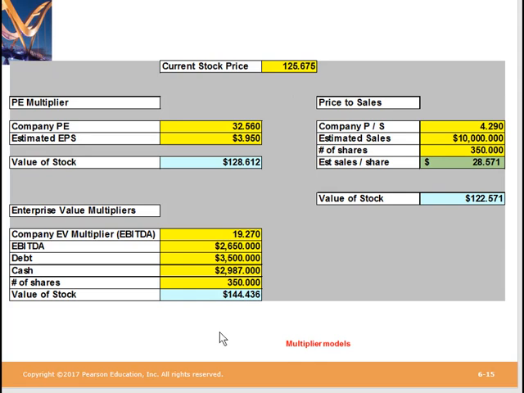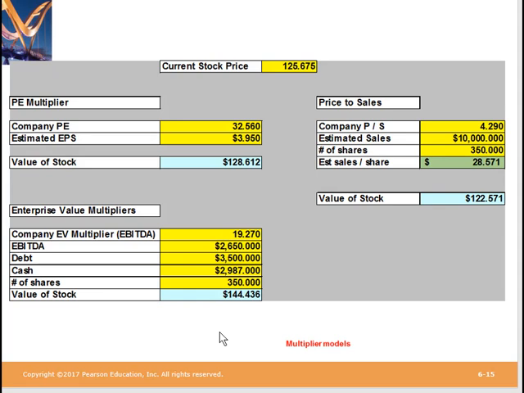Again, the valuation models all have the same purpose, estimating value. They all look at different aspects of the business, so they all will have different numbers. As an accumulation, when we use all of these models, we can get a feeling for the range of where we think the stock price should be. Now, I will tell you, when you use this for real data, some of these answers are just nonsensical.